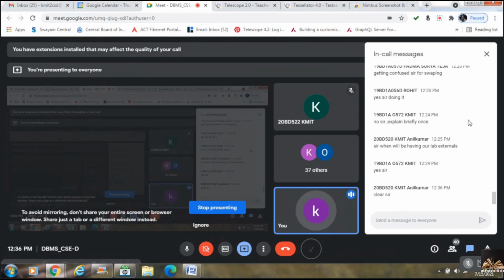So for a given order of a B plus tree, you're finding out the number of keys that can be stored in a node. Then you perform insertion based on the conditions. I hope it's clear. If the node is full, you have to split. You can do it in two ways.